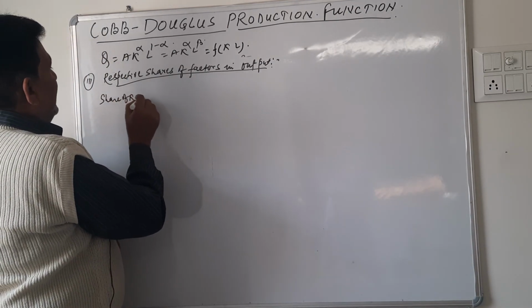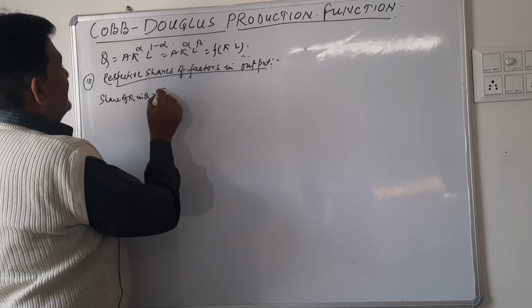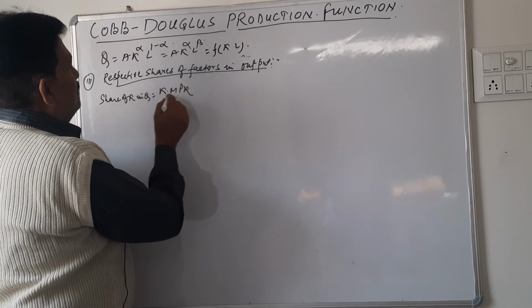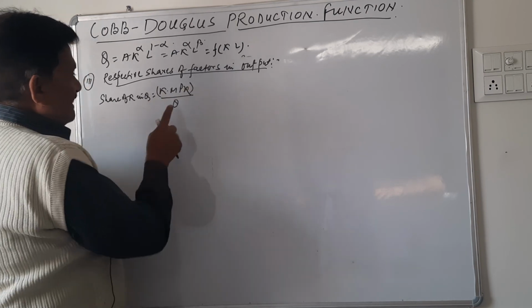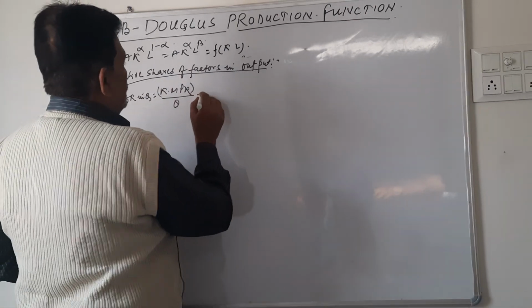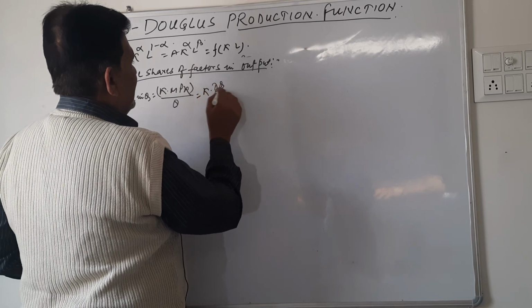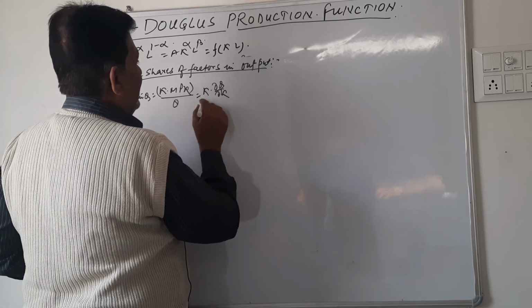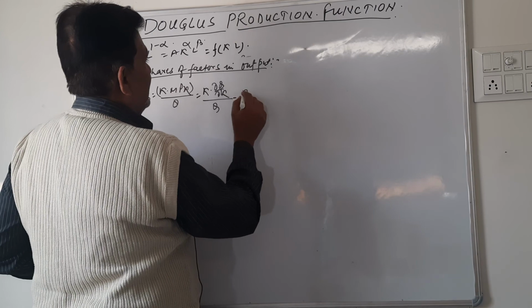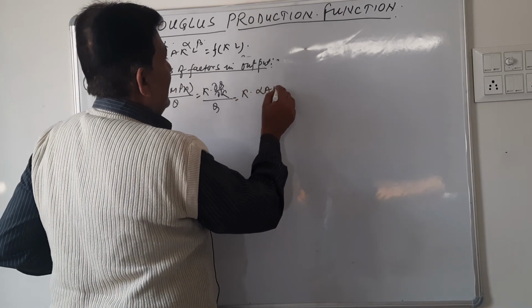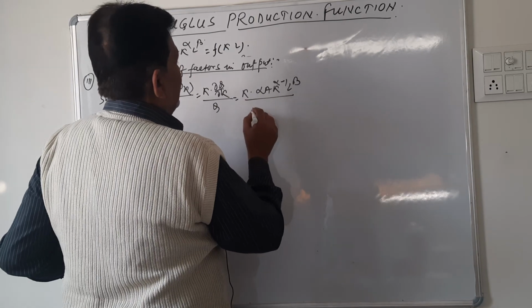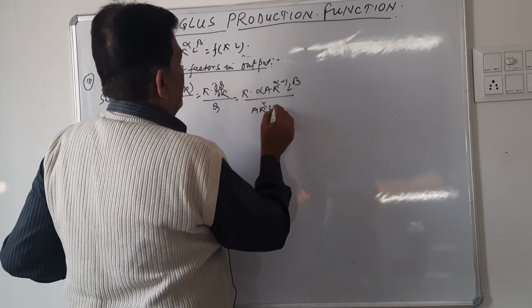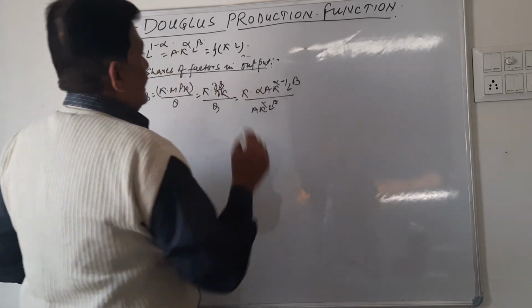So the share of K in Q is K into MPK by Q. This is the total payment to the capital and this is the total product. So K delta Q by delta K by Q: alpha A k to the power alpha minus 1 L to the power beta, divided by A k to the power alpha L to the power beta.